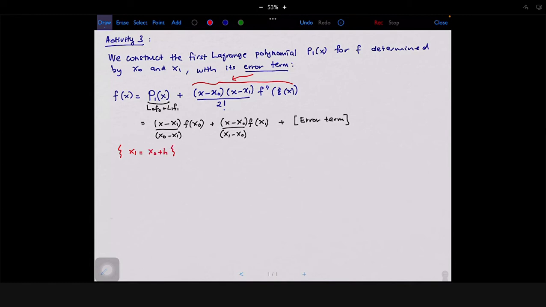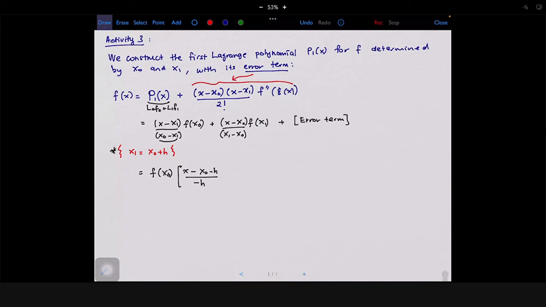So x1 is x0 plus the difference h. We substitute it back into each term. So x0 minus x1 is minus h. We rearrange this part.